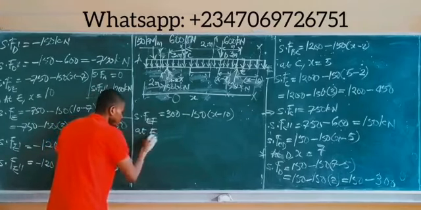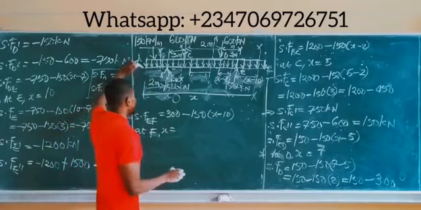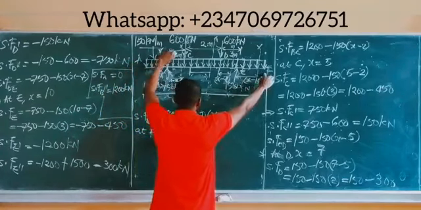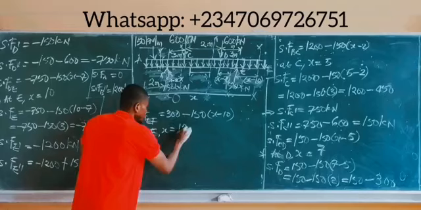Now at F, x becomes the total length from point A to F, and that's simply 2 plus 3, 5 plus 2, 7 plus 3, 10 plus 2, 12. So x equals 12 meters.